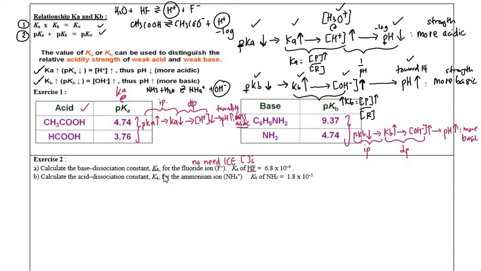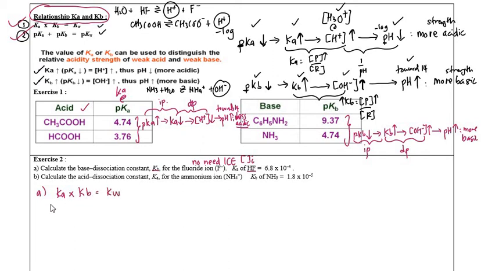So recall the relationship between Ka and Kb. I showed earlier the relationship of Ka and Kb using these two formulas. So for A, you want to find Kb: Ka multiplied by Kb will become Kw.